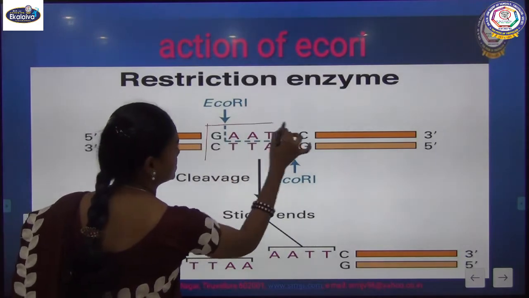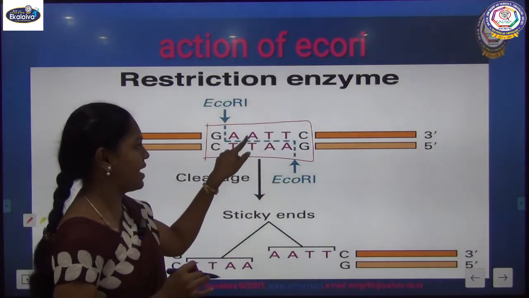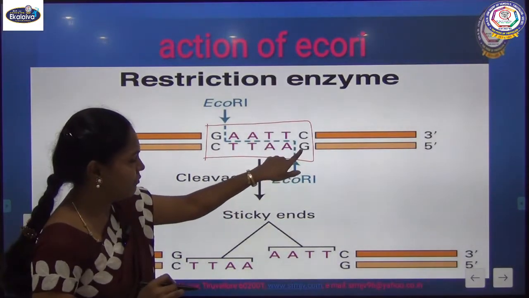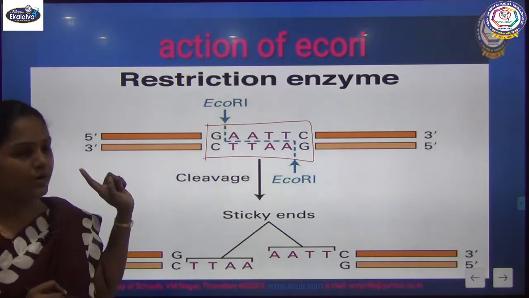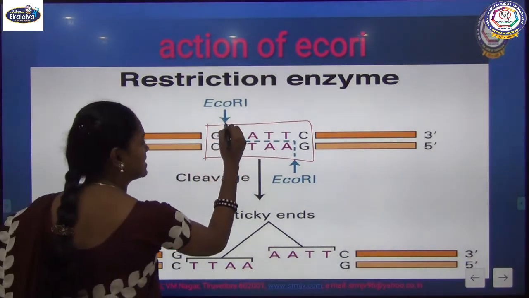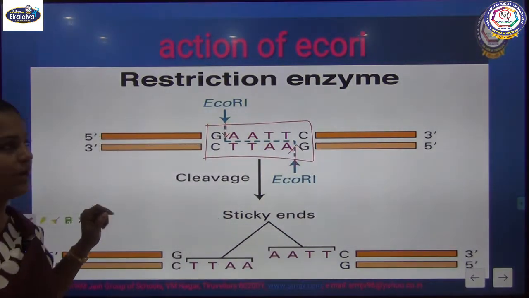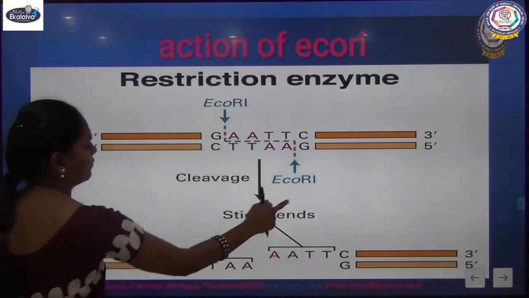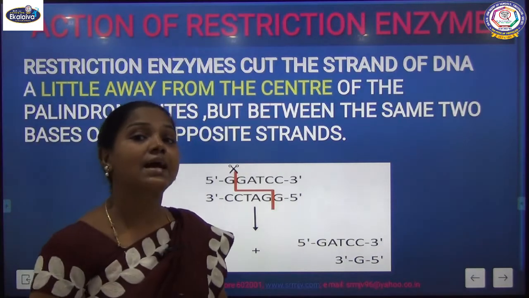This is the sequence for our restriction enzyme EcoR1, that is GAATTC, and in the same manner from 5' to 3', GAATTC. This is the particular site where it makes the cut. This is the restriction site for our EcoR1. We'll see in the next slide how EcoR1 makes that cut.